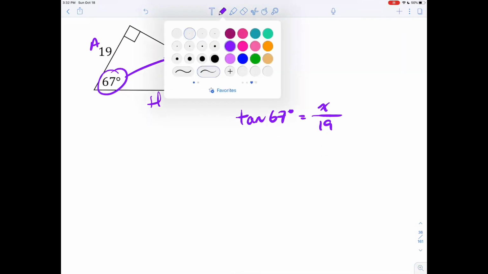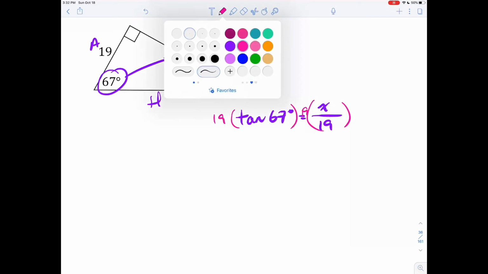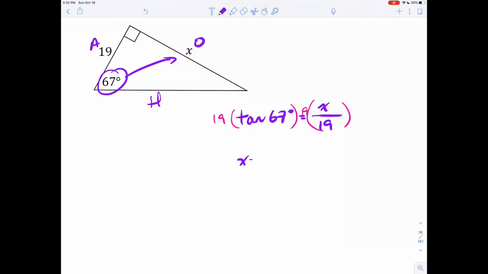Once again, isolating, I'm going to multiply both sides by 19, and I can say that x is 19 times tan of 67 degrees, which in this particular case is like 44.76, but rounding to the nearest tenth, 44.8. And this thing be done.